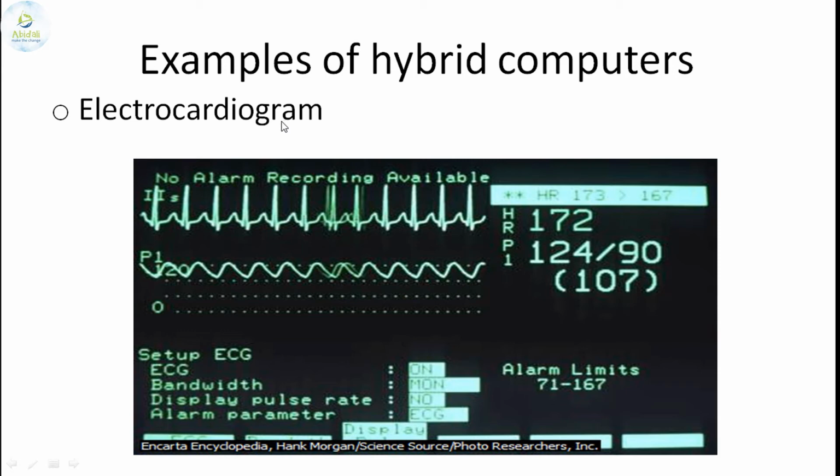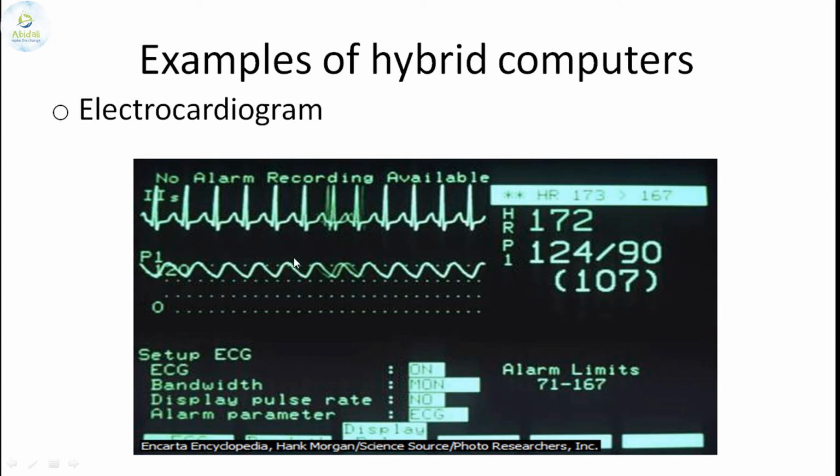Then you have the electrocardiogram, that is ECG. When your parents or somebody goes to the doctor, he says I want to take an ECG, or the doctor suggests they take an ECG, that shows how the heartbeat rate is fluctuating over some duration. That is called an electrocardiogram.